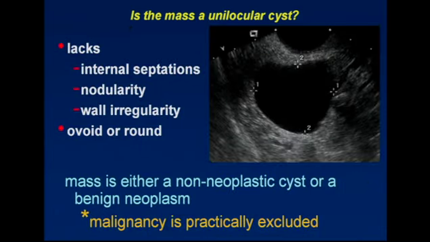Well, we mean a cyst that lacks internal septations, that has no nodules, has no wall irregularity, and is oval or round in shape. If you can make the observations that lead you to confidence that you're dealing with a simple cyst, then the diagnosis has been established as either a non-neoplastic cyst or a benign neoplasm. Malignancy is practically excluded when you see a simple cyst.